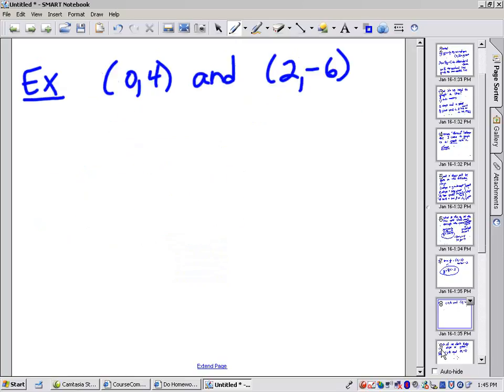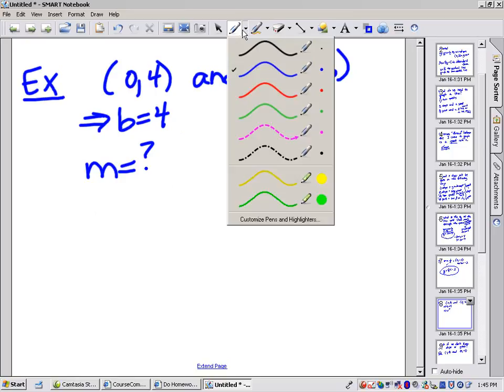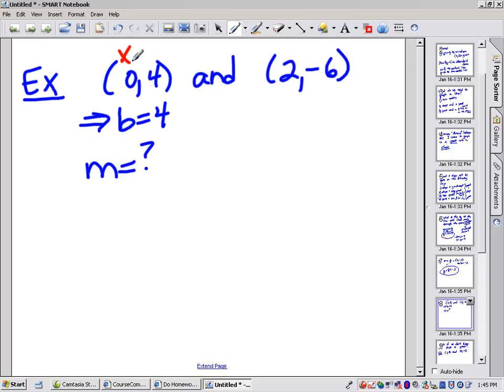Now, what if we were given (0, 4) and (2, -6)? Well, in this case, notice that (0, 4) is our y-intercept. That tells us b is equal to 4, but we don't know the value of m. So to find the value of m, we're going to have to plug into our slope formula. Remember, here we can label as x sub 1, y sub 1, x sub 2, y sub 2.